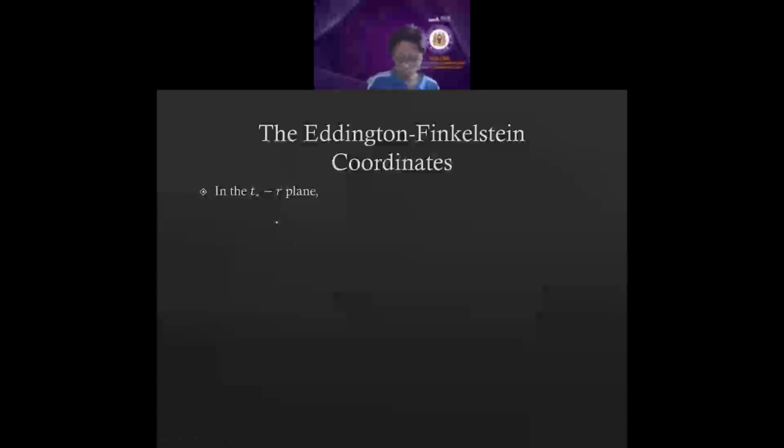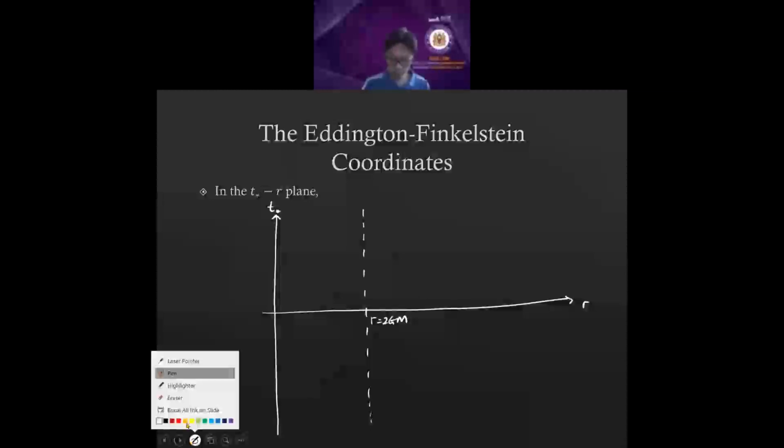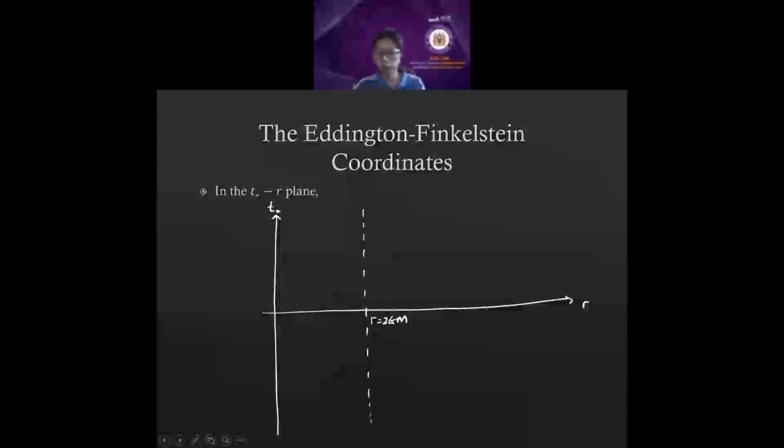Then in this new coordinate, what you're going to get is the following picture. So if I draw it like this, this is our t star, and this is our r, and this is our special surface, r equals 2GM. Then in this coordinate system, the infalling light is still going to be at 45 degrees, which means it's going to look something like this. Okay, so this is the path of the infalling light.